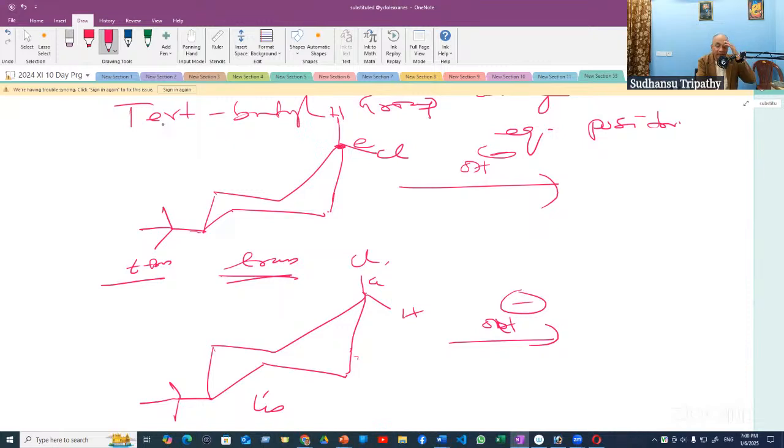So the cyclohexanol that you get will be trans. But here it will go from the upper side, and therefore chlorine will go out, and it will be cis. Starting from trans, you are getting cis, then only the mechanism will be confirmed to be SN2.